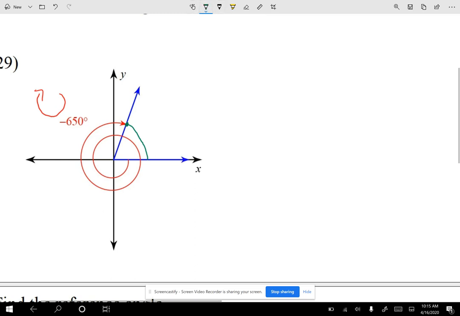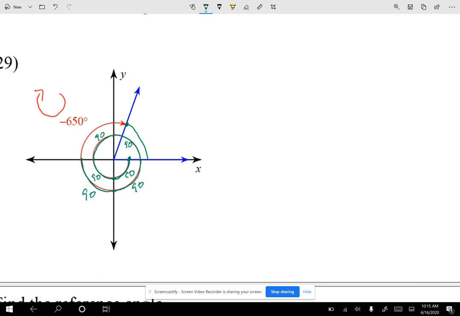We talked about that we start here. So far from an axis to another axis, that's 90. That's 90 right there. That's 90 there. That's another 90.